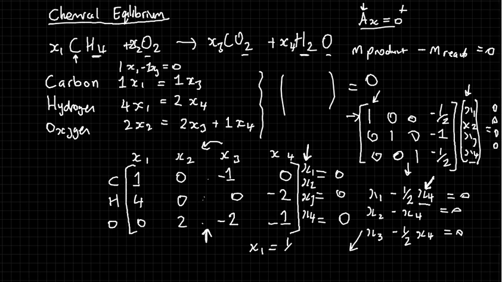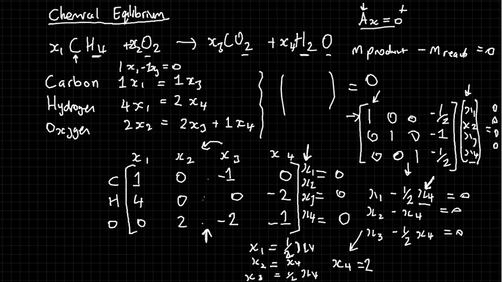So we can move these negative values onto the right hand side by adding that same value. So x1 is equal to a half x4, x2 is equal to x4, and x3 is equal to 1 over 2 x4.